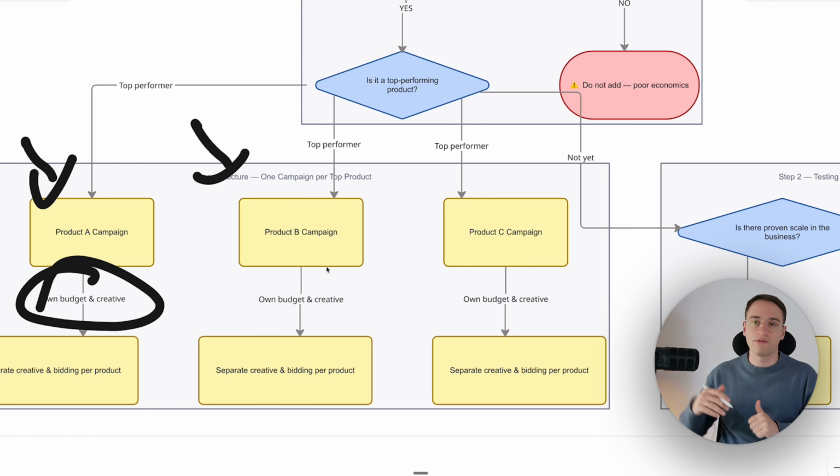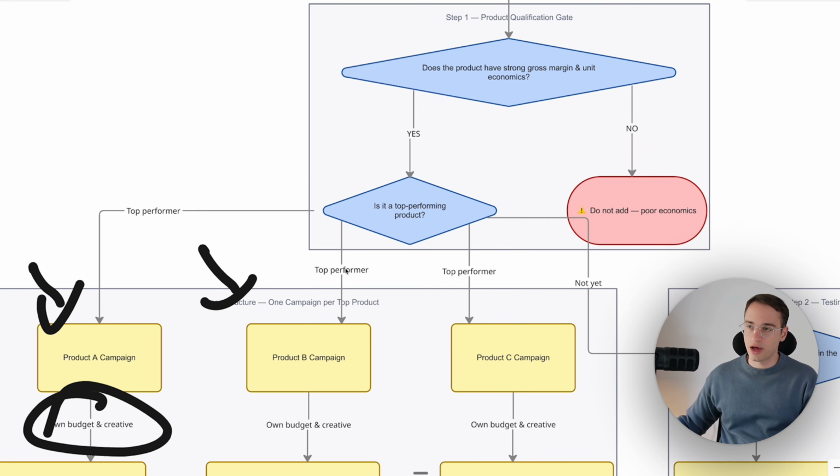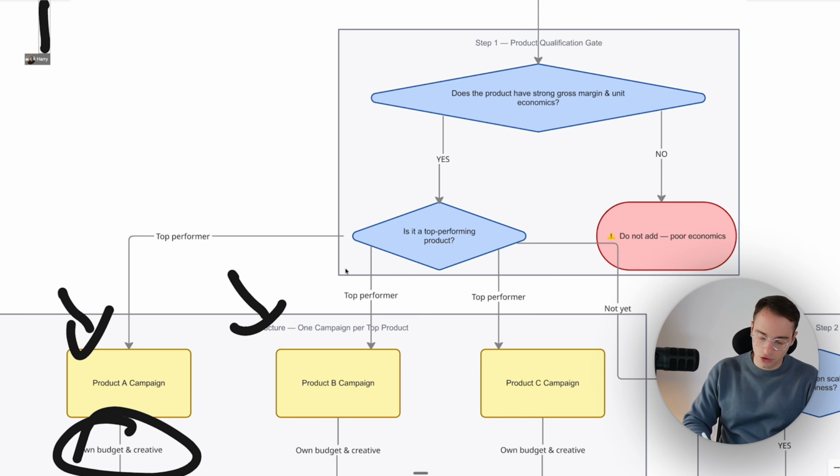But wait a moment, we have a bit more to go through, because you can't really scale with one campaign, right? So this is what we had so far: one hero product, which was already in the account, and then we added product 2 and then product 3.